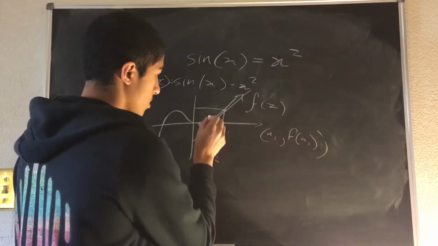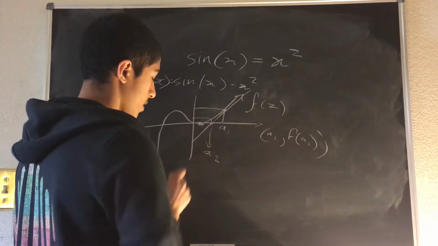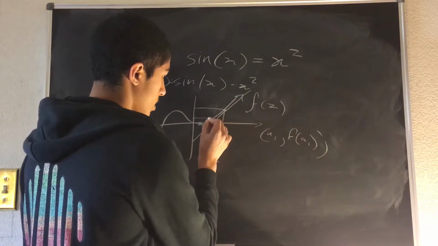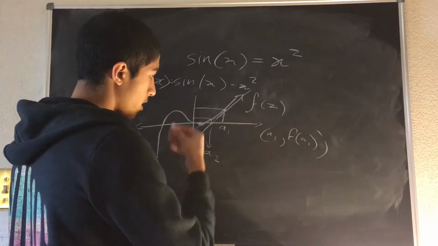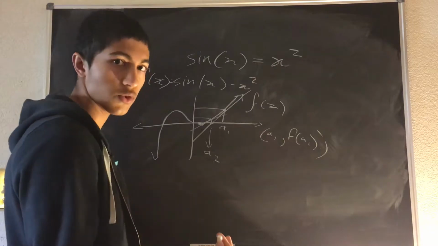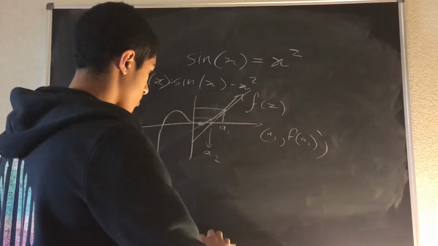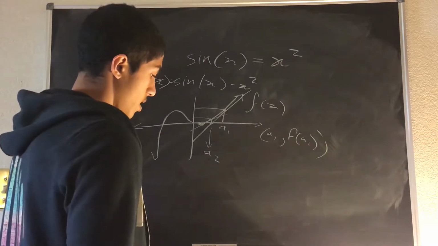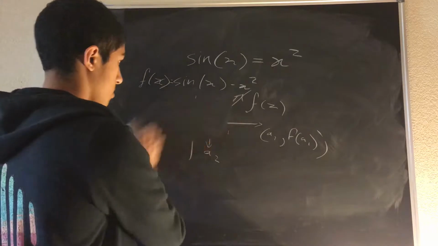We'll pick a new point on our function, which is a2, f of a2, and then we'll take the tangent line there, and we'll see where it intersects the x-axis, and we'll iterate this process 3 or 4 times to approximate our root with some accuracy. So if we work this out mathematically, we get something like this.